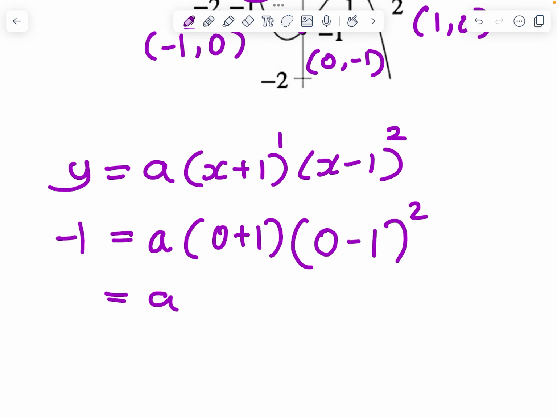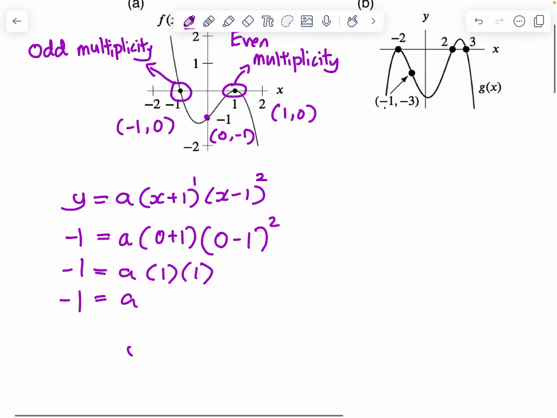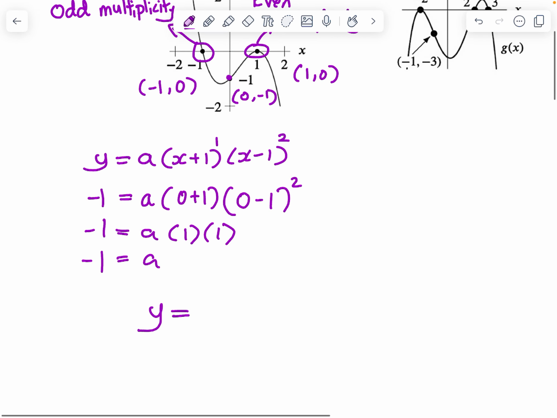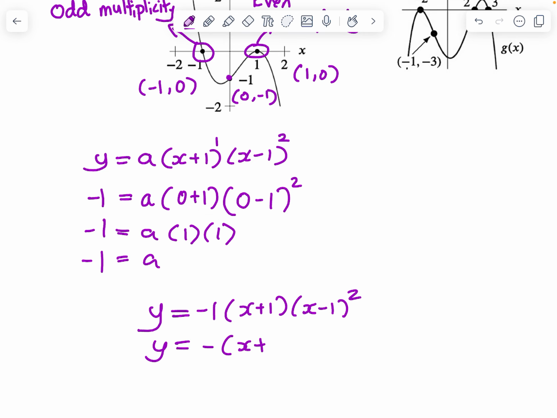So I have 1 times -1 squared, and -1 times -1 is just 1, so 1 times 1 is just 1, so it's just going to be a equal to -1. So our final equation would then be -1 times (x plus 1) times (x minus 1) squared, or I could just write it without writing the 1.